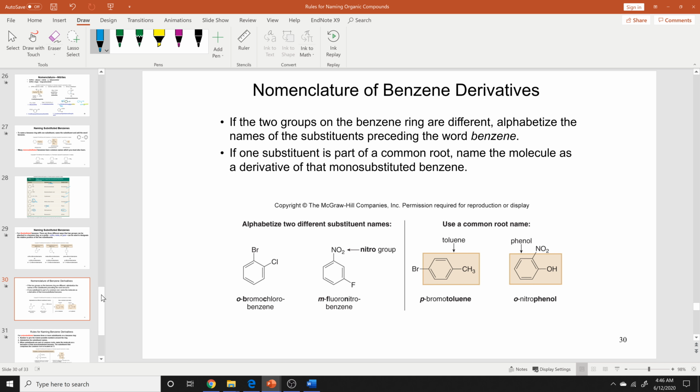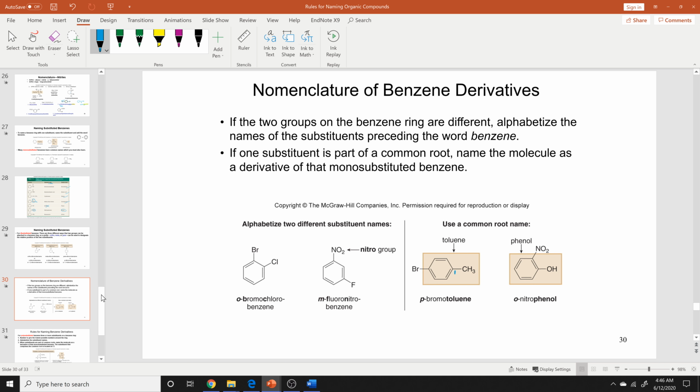With the common root, you go ahead and name it as a common root, giving whatever substituent is on the common root carbon number 1. So here in this case, instead of saying bromo methylbenzene, we no longer say this, because methylbenzene is always toluene. So that is going to be bromo toluene.